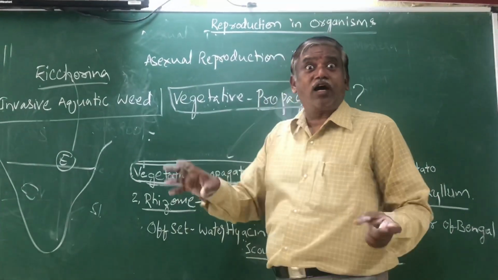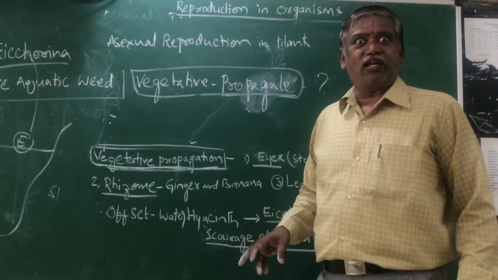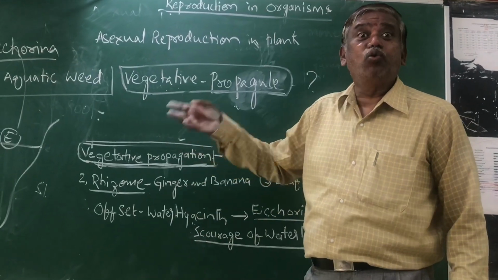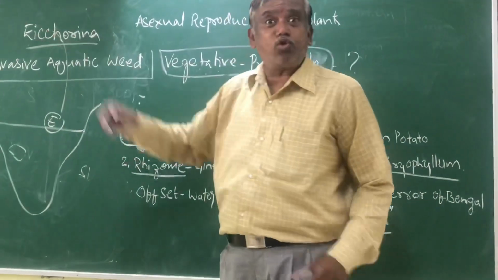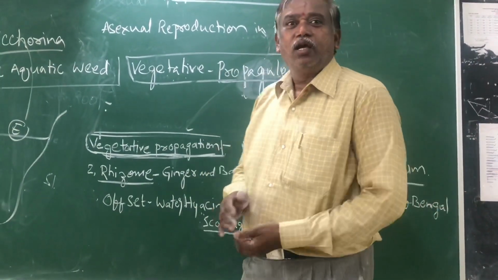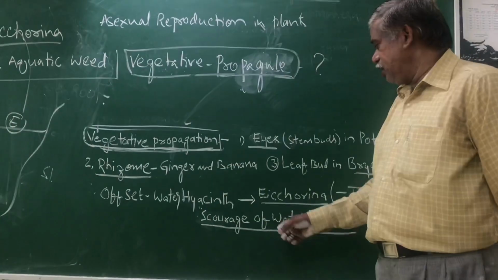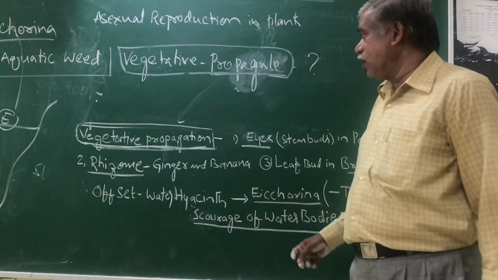Hence, other aquatic organisms see it as a terror. Who is a terror to whom? Eichhornia is a terror to other aquatic organisms. Hence, Eichhornia is the terror of Bengal. Its common name is water hyacinth.